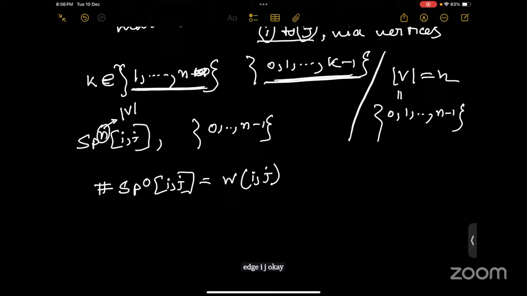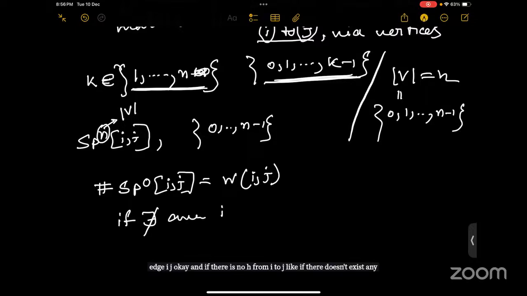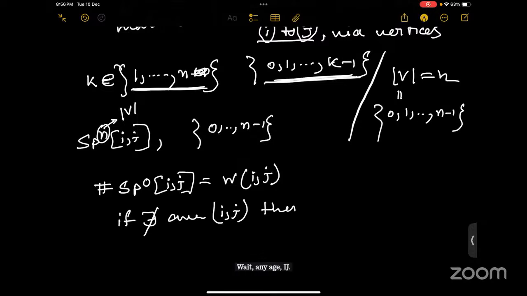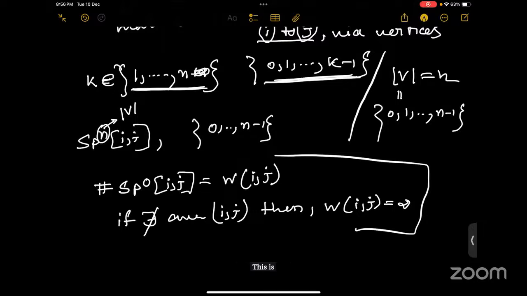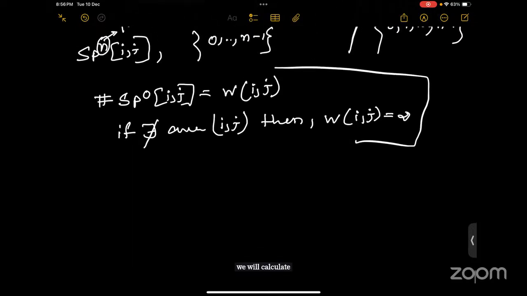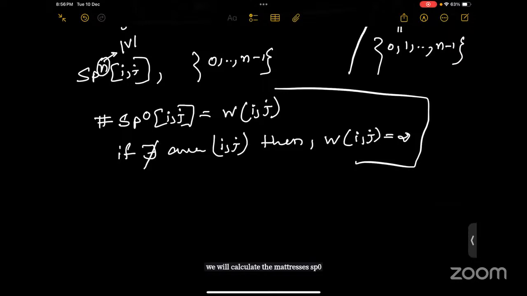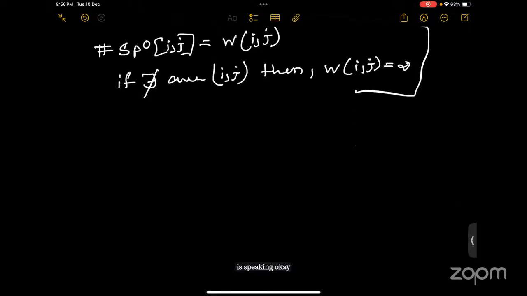And if there doesn't exist any edge from i to j, then we will consider the weight of ij as infinity. Okay, this is the definition. Now we will consider the previous graph again, and we will calculate the matrices SP0 to some SPK. Once we follow our example, this will be more clear.